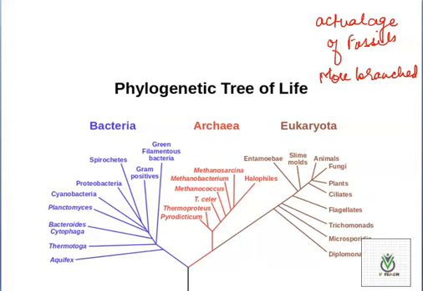And all these branches depict the relationship between the organisms. So the farther the branch, the less related they are. The smaller the branch, the more related they are. So in this way, a phylogenetic tree of life is also constructed.